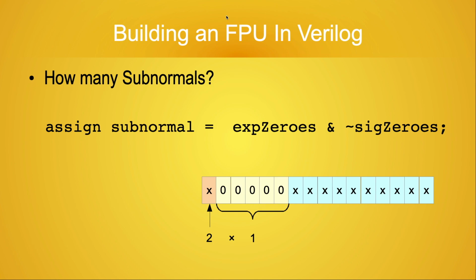Subnormals aren't allowed to have a significand which has all of its bits set to 0. Since there are 10 bits in the significand, the allowable number of values for the significand of a subnormal number is 2 to the 10th power minus 1, which is 1023. So the number of possible subnormal values is 2 times 1 times 1023, which is 2046.